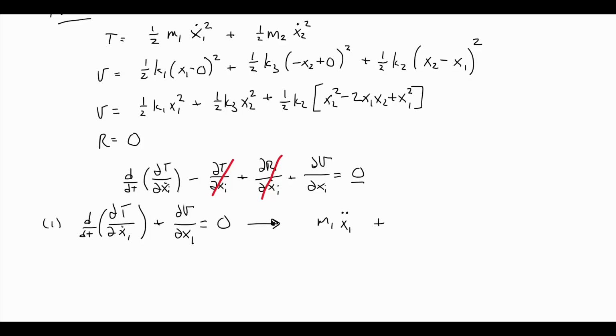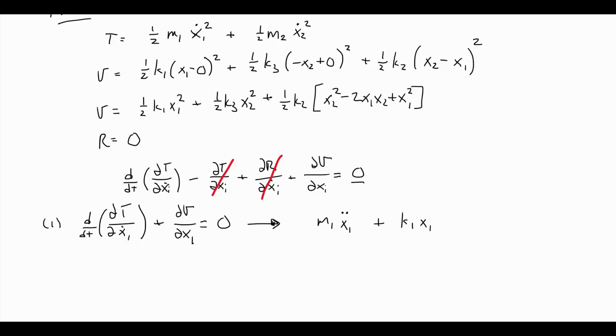So go down to the V, the second one that we wrote. If I take the partial of this with respect to x1, I'm going to get, well, the first term, the 2 is going to drop down, and I will be left with k1 x1. On the second term, I have no x1, so that will go away when I do the partial differentiation.